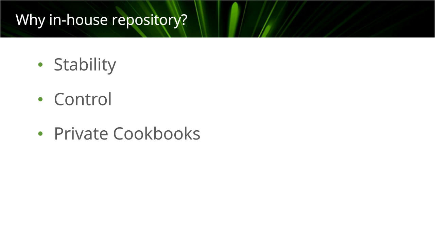And the third scenario is, of course, publishing your own cookbooks. If there are cookbooks which are private to your organization, you might prefer not to share them with the world and not to publish them into the global Chef Supermarket, but instead have your own Supermarket in-house and use that.